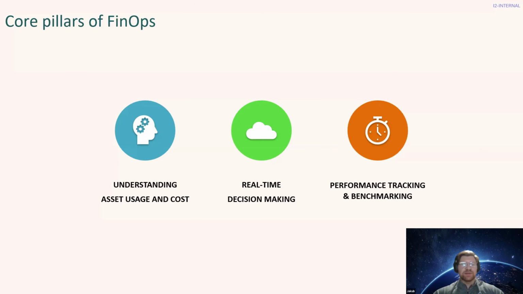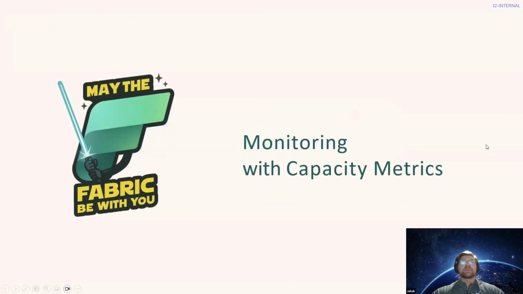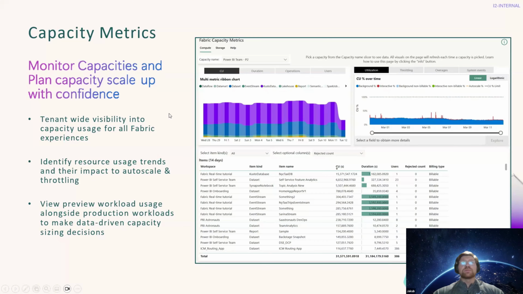So we want to monitor our resources to understand the financial consequences of that. So that's why I wish to show you right now quickly how we can monitor our capacities. There is a dedicated metrics app which you can install in your environment.